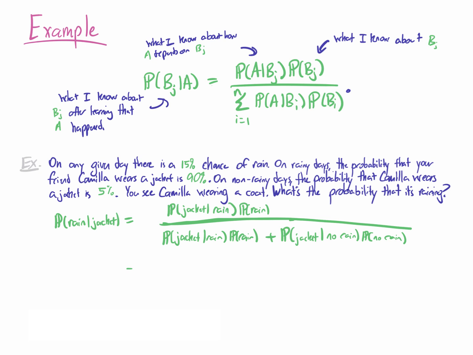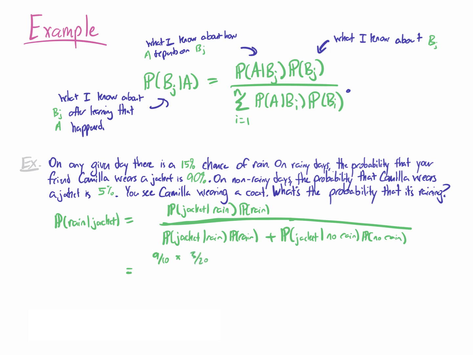So the probability of jacket given rain, well, we know that Camilla wears a jacket on 90% of rainy days. So I'm going to put a 9/10 here, and I need to multiply that by the probability of rain. There's a 15% chance that it's raining. So that's 3/20.